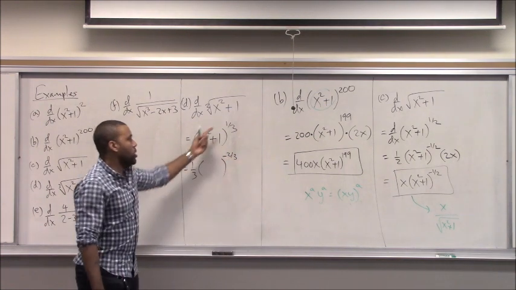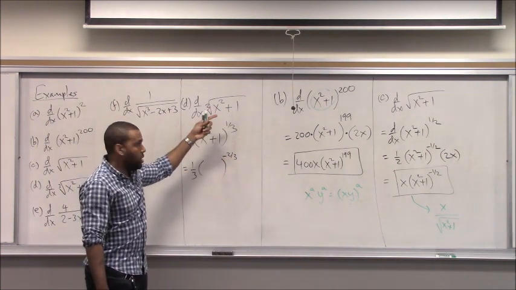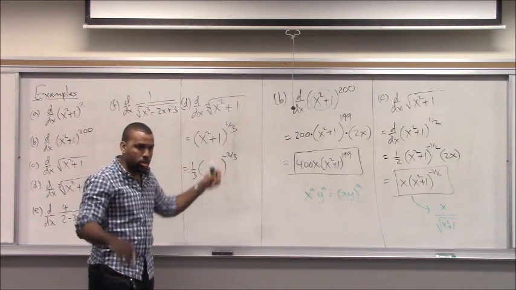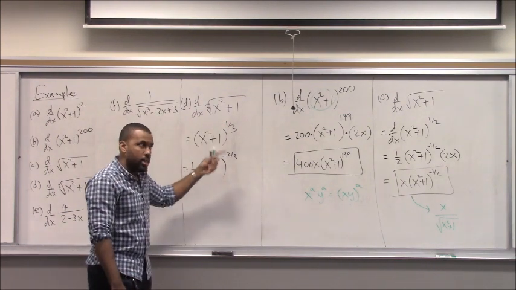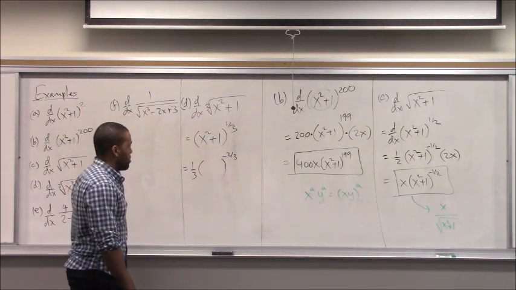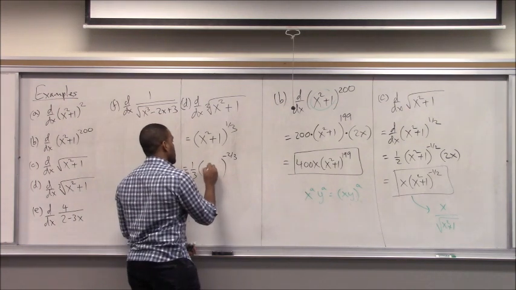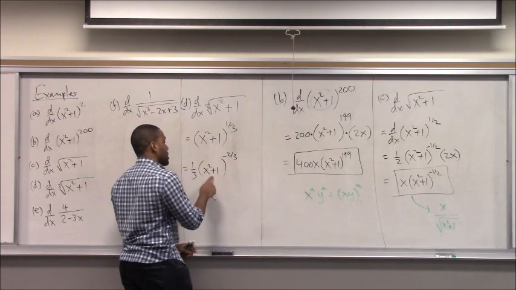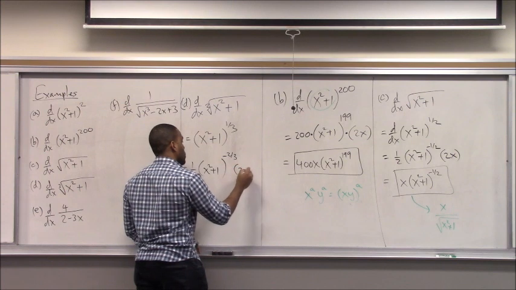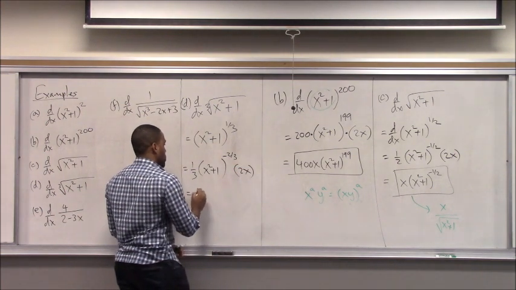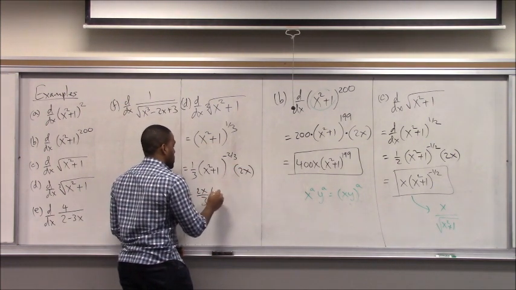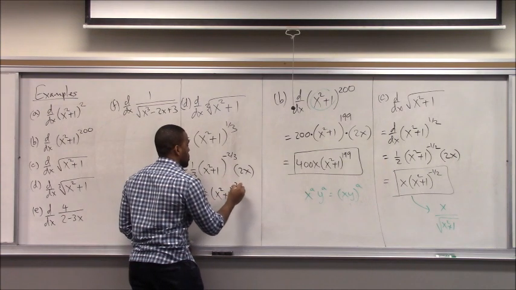Remember, whenever you have a fraction and want to subtract 1, just subtract the denominator over itself, so it's 1/3 minus 3/3. So you get minus 2/3. You leave the inside alone. Because that's not just x, you need to multiply by its derivative. So that would give you 2x/3 times (x squared plus 1) to the minus 2/3.